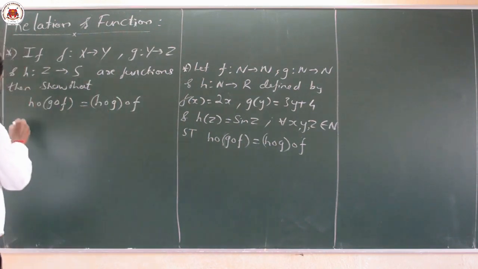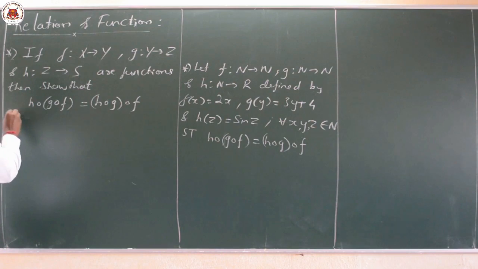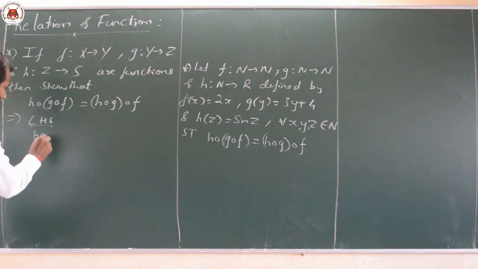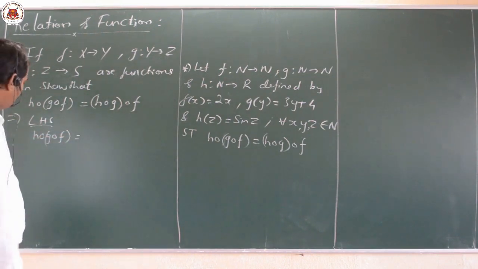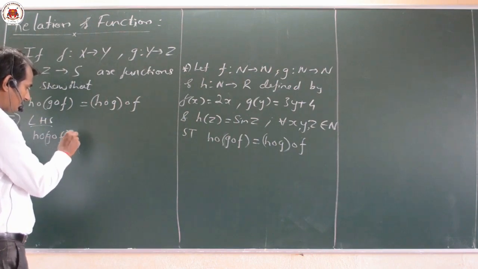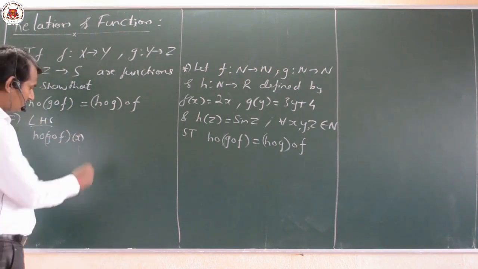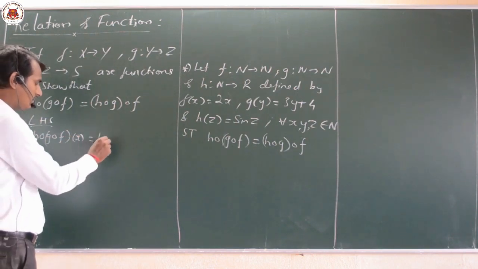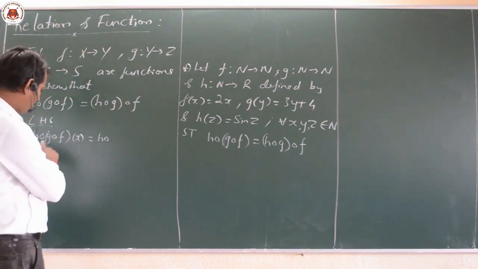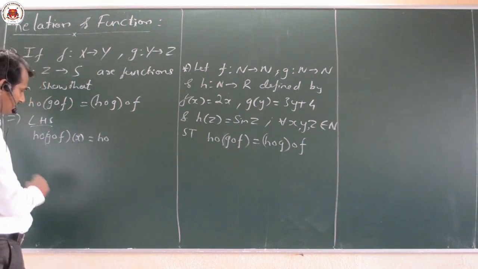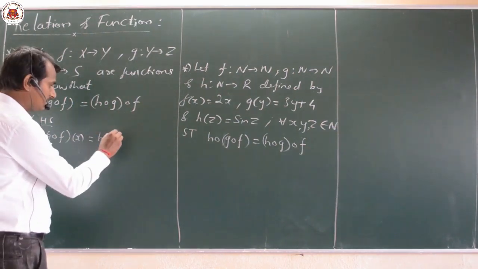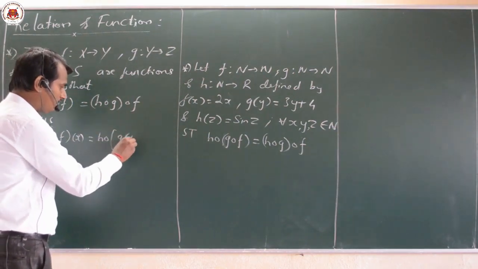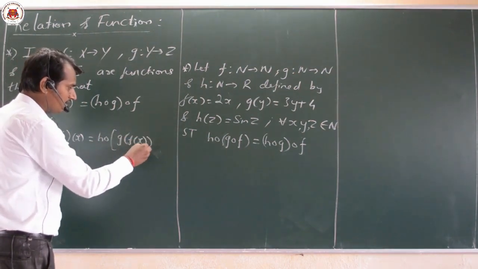So before going to that, let us start with the LHS part first of all. What is the LHS part here? That is h of g of f of x. Now what do you mean by this? Here, instead of that, what I can write is g of f of x.